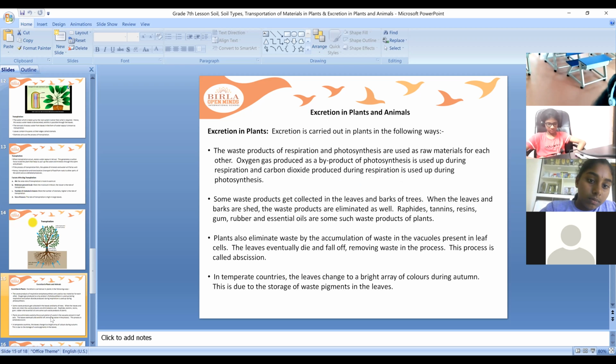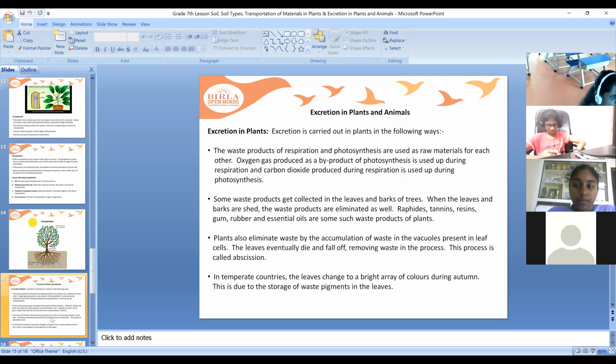And now coming to the topic excretion in plants and animals. As we all know about the animals, how they excrete, but in plants, how does excretion take place? It is carried out like the waste products of respiration and photosynthesis are used as raw materials for each other.